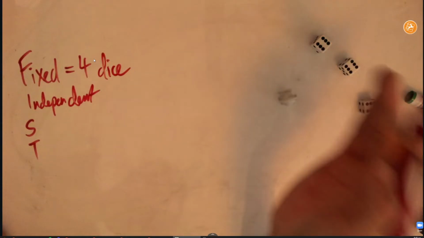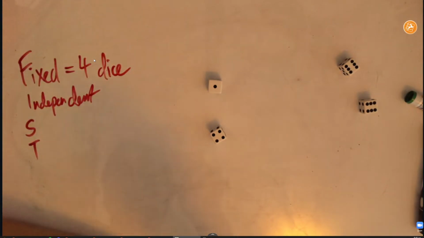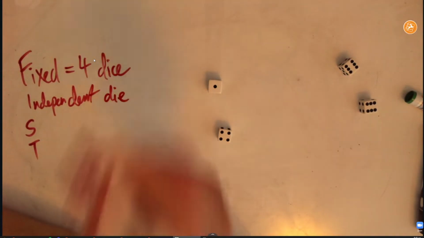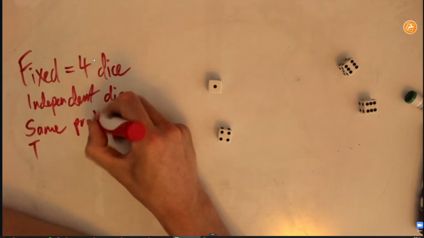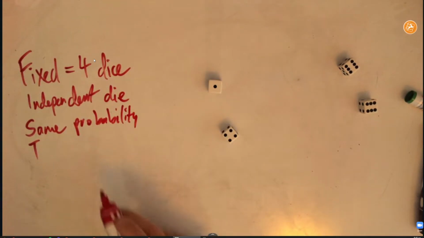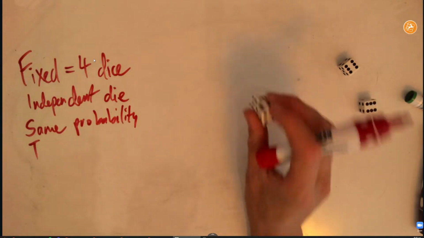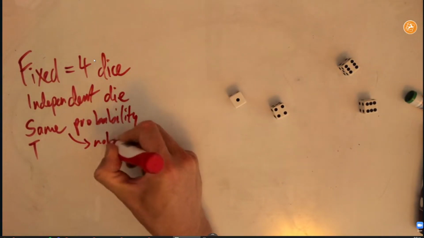Each die that I roll is not going to affect the next die that I'm rolling. Yep, independent. And then S, the same probability. Well, yep, every die is going to be exactly the same. I can't control the die unless one of them's weighted, but they are not weighted. Same probability.